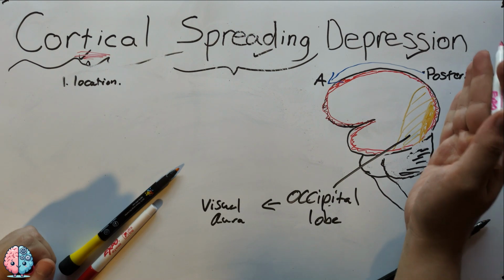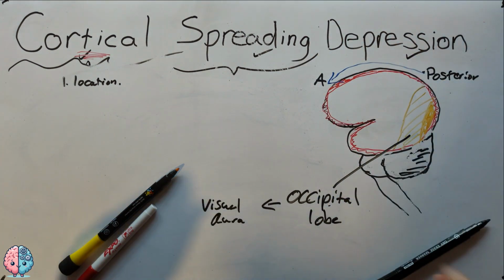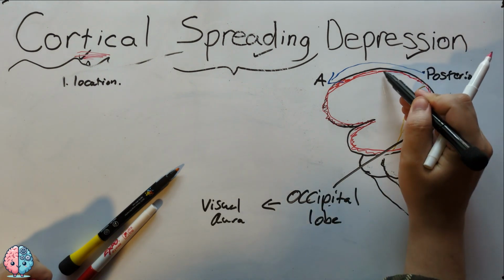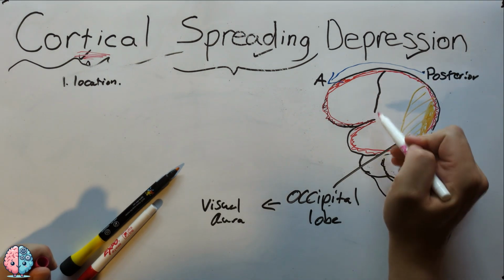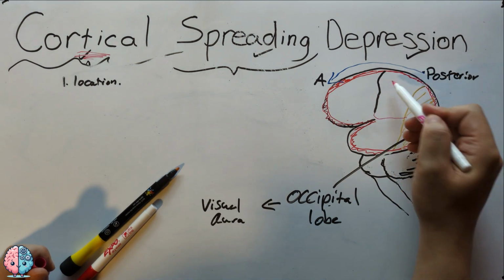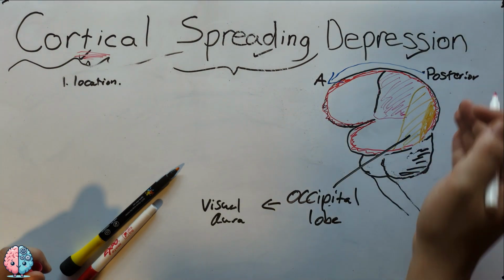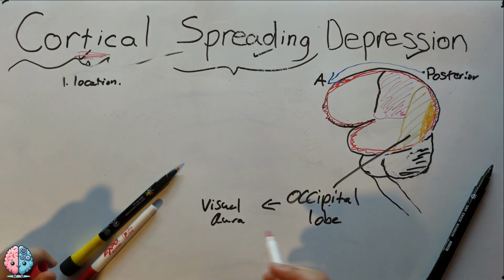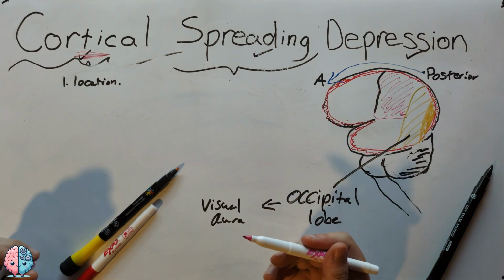Now, as it moves posterior to anterior, let's actually draw the central sulcus here so we don't get confused. There you go. And then we have our parietal lobe. So this would be our parietal lobe. And when it goes posterior to anterior, what was the next aura that we usually see? We see a sensory aura.